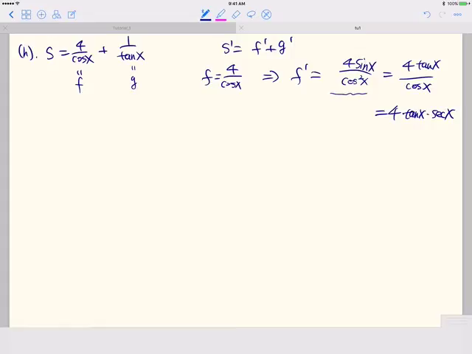Okay, G is here. G is just tangent x. So this will give us g prime. Once again, you can use the chain rule. Maybe you shouldn't use this. I don't know which one you prefer. I'll just write down what I'm familiar with.